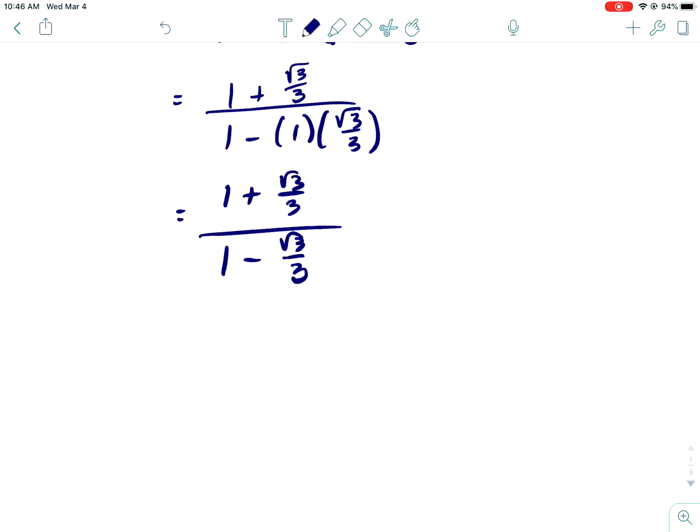All right, we have 2 things that are wrong with this. What's one of them? Fraction inside of a fraction. That's what we're going to take care of first.